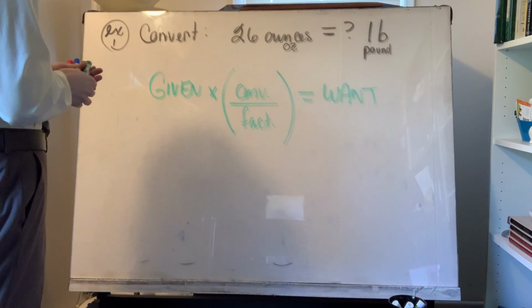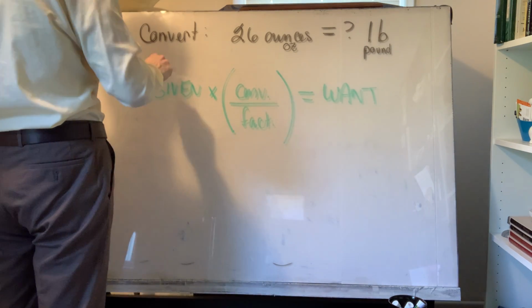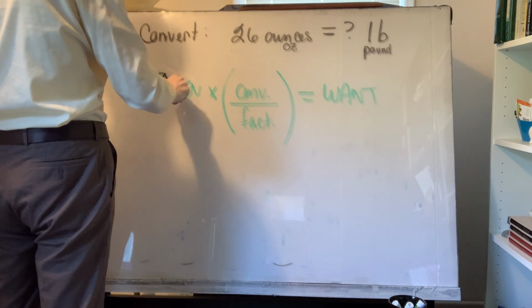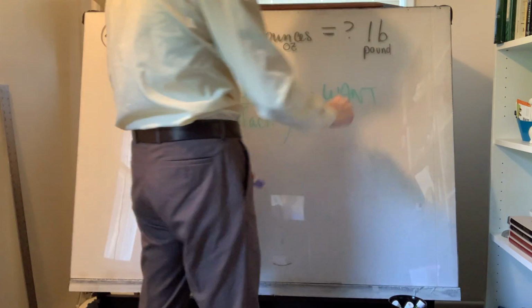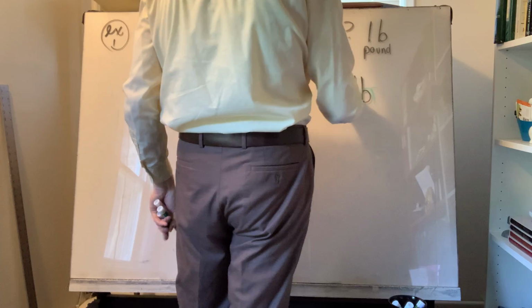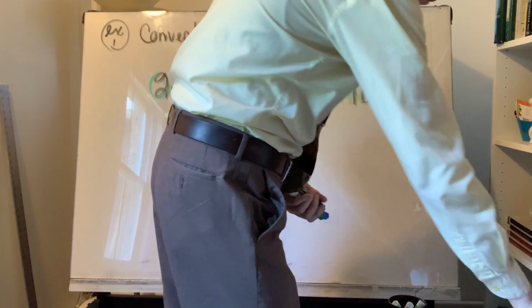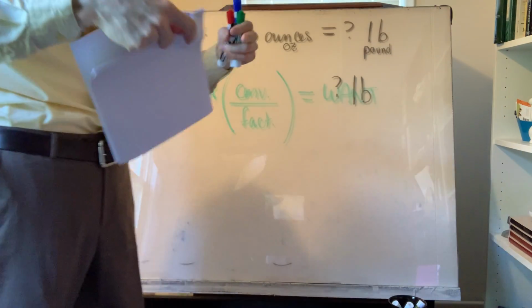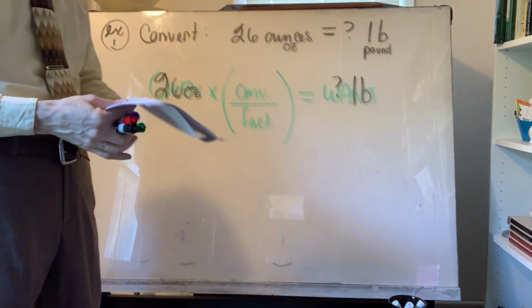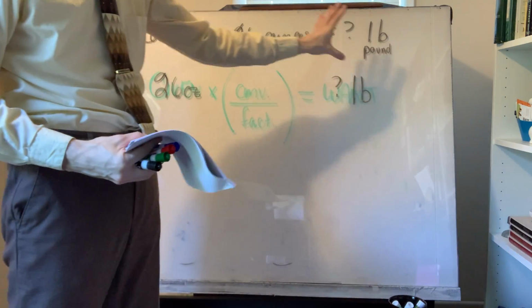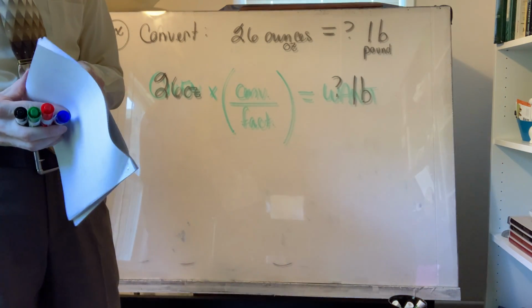So you would put that here, 26 OZ. Right. And pound is what you want. Right. And then you would look up in your table if you have a direct conversion factor, because again, there are some times when you may have to employ several in sequence.